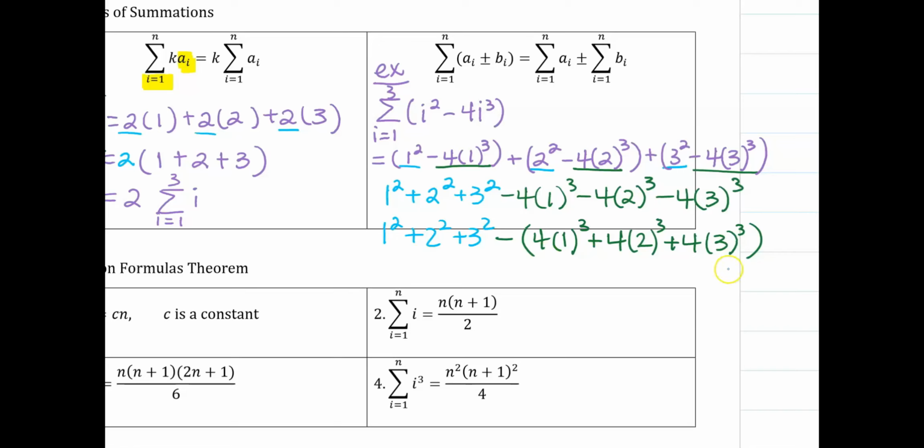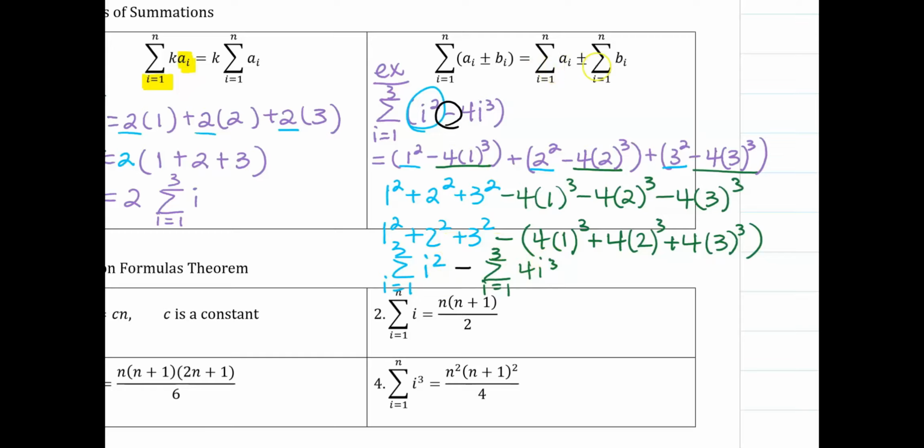So now I have 2 separate summations where I can write that first term as the sum from i equal to 1 until 3 of just i squared. That's just that first term, the a sub i. And then we are subtracting, since this was a subtraction there in the middle, the summation from i equal to 1 until i is equal to 3 of 4i cubed.